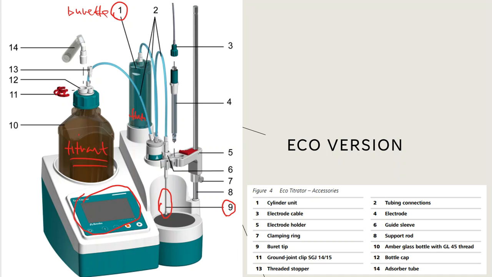sample. We have seen that this instrument performs better when that burette tip is out of solution. Do not submerge this into solution. For some reason, when we do this, it messes with the pH probe a little bit, and it can end a titration early. And we want to prevent those mistakes from happening.